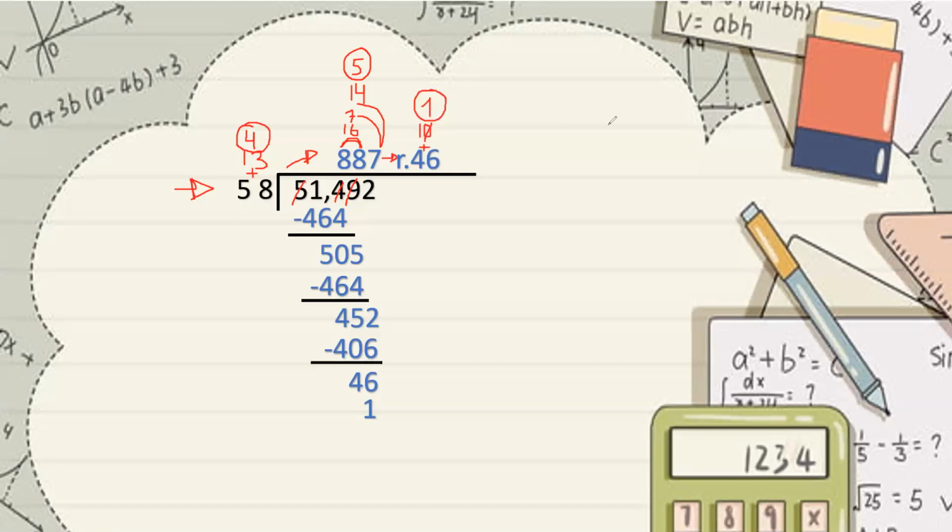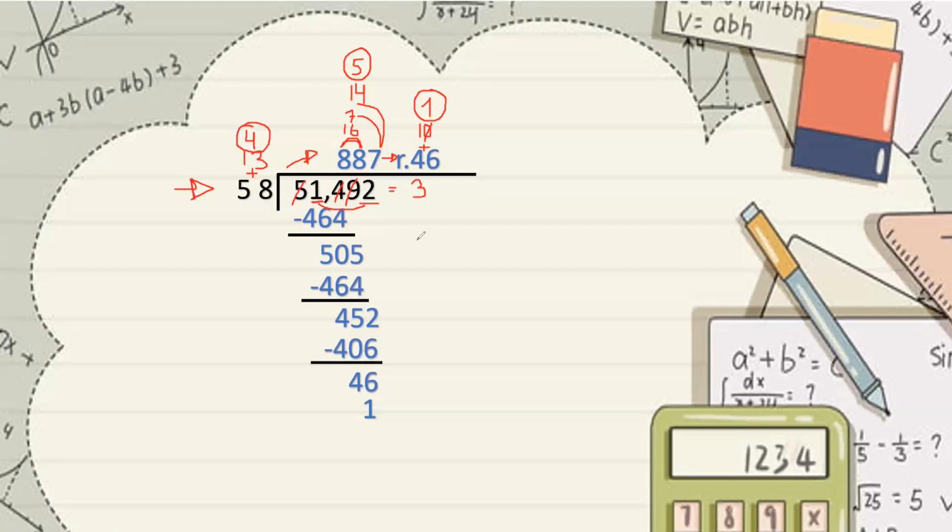So the remainder exceed is 1. Now in this part, we have 5 plus 4, 9. 9 cross out. Now we have this one, the missing numbers, that is 1 plus 2 equal 3.